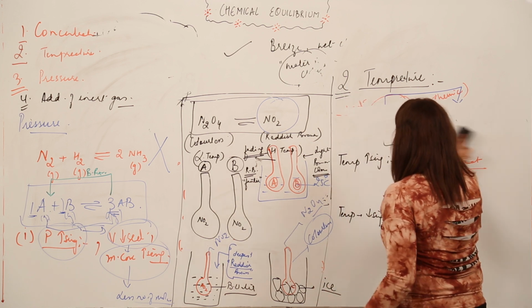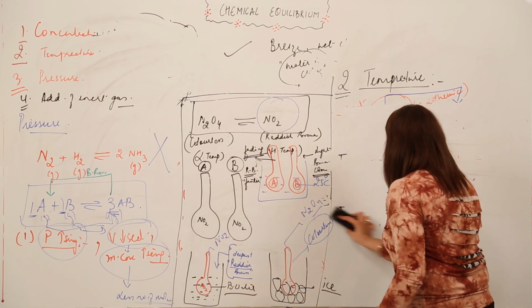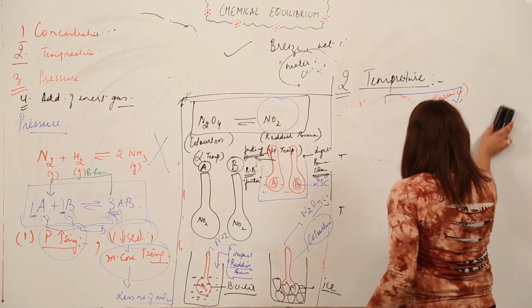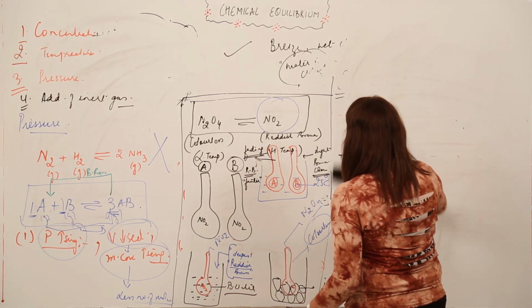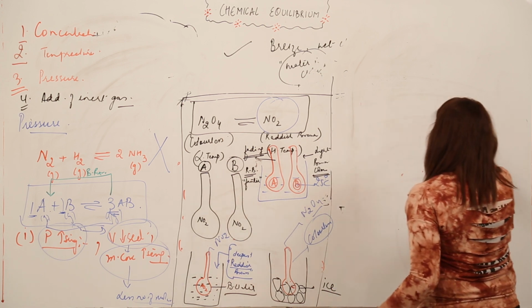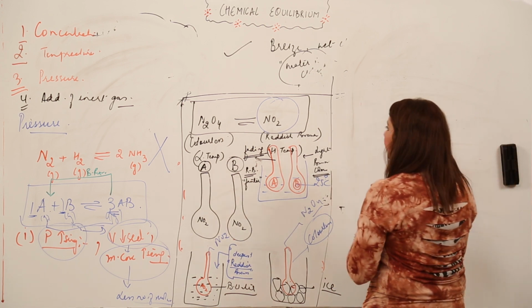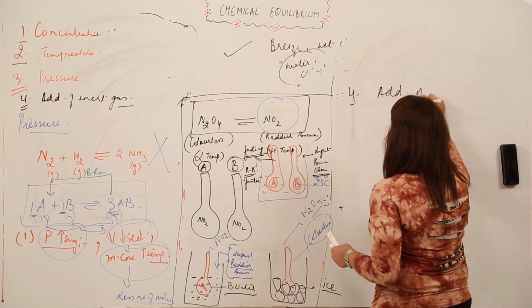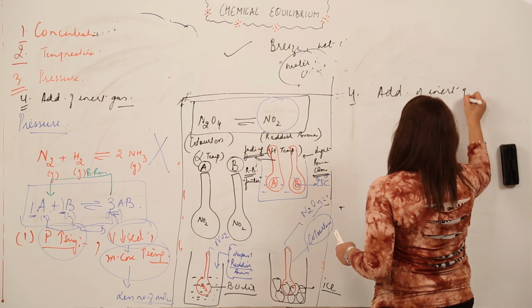I am just writing here, look at the board carefully, because before we start with the fourth factor, one thing should be clear in your mind, that we can add an inert gas under 2 conditions.